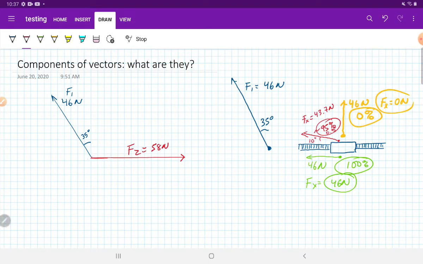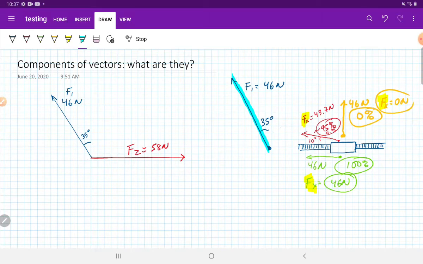That Fx, okay, here, I'm going to highlight it. Really cool program this, I love it. That Fx is the component of the force in the X direction. So this right here is the actual force, right?